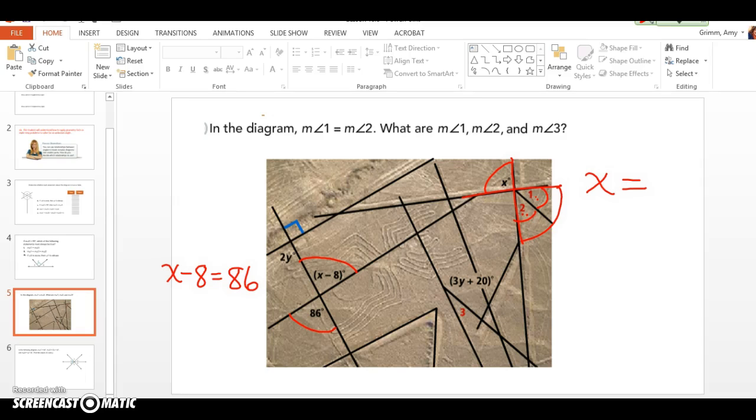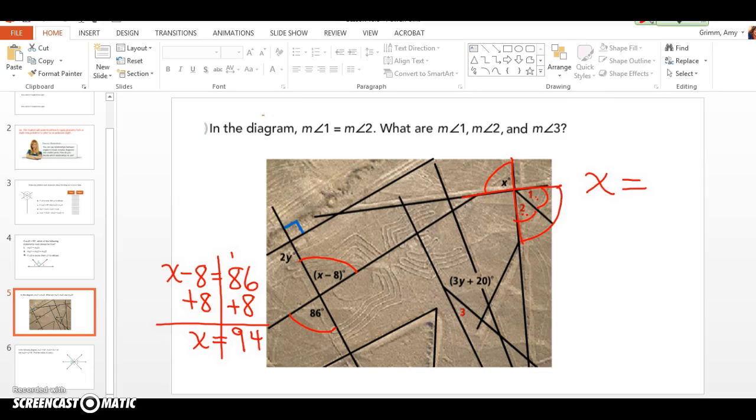Super easy equation to solve, right? I should see every single person writing, correct? Just making sure we understand how to take notes today. All right, so we just have to add 8 to both sides. So let's see, what would that be, 94? Okay. So x is 94.